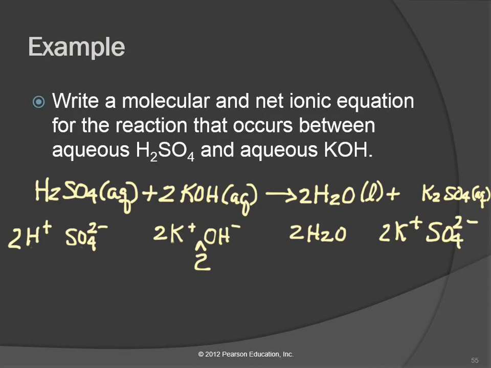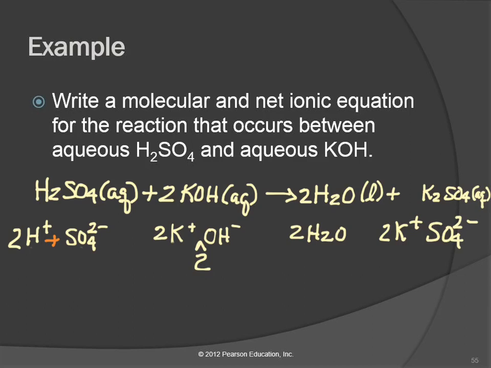And so what I've done is I've taken my scribblings that were helping me figure out the products, and I've turned them into scribblings to help me figure out what the ionic equation is going to be. So let's maybe throw a different color in here. Can you see that?